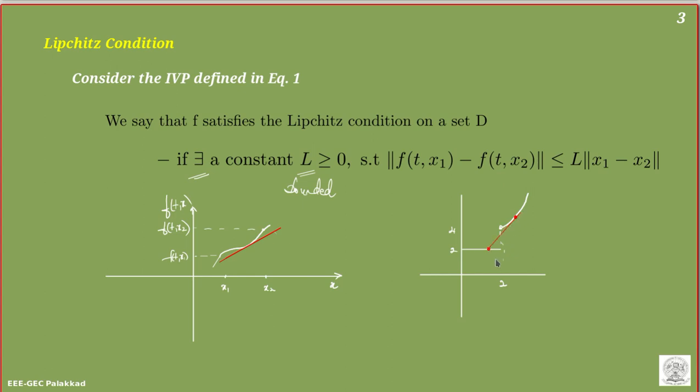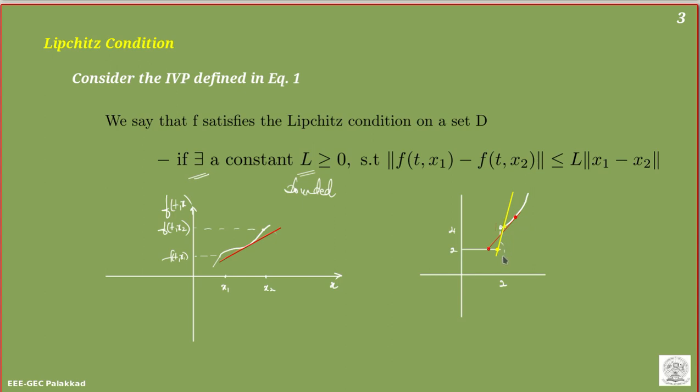But now if I try to reduce the domain, if I have the initial points somewhere here, and I try to take points closer and closer, what happens? This L goes on increasing, the slope goes on increasing.